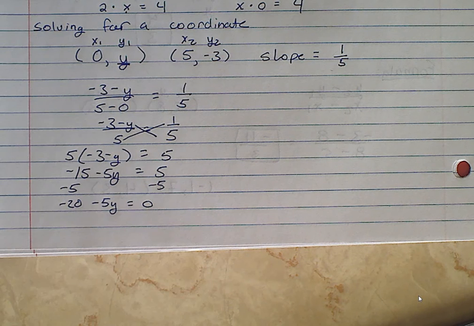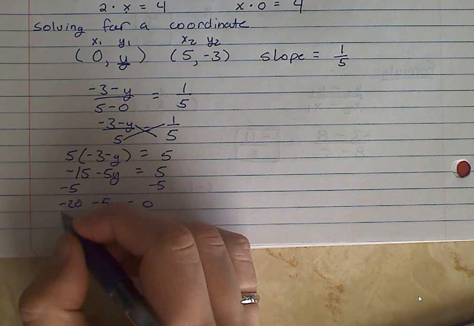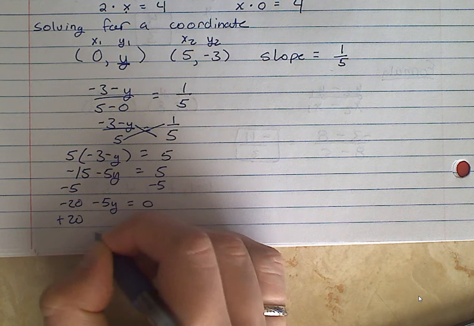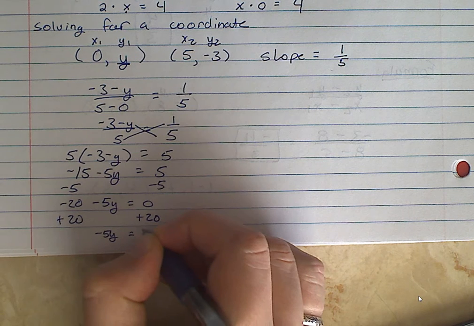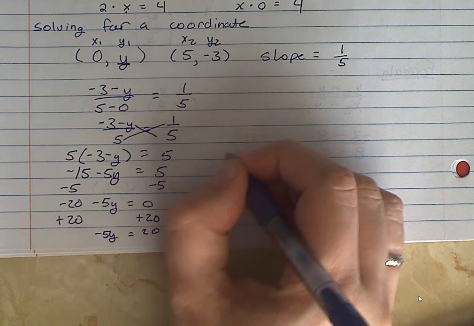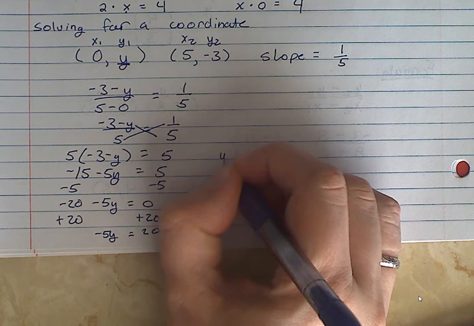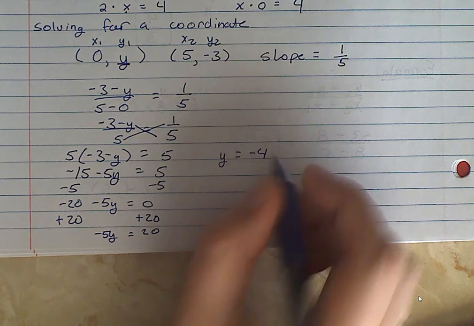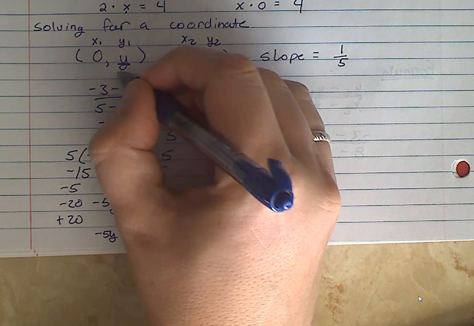So add 20 to both sides. So I got negative 5y is equal to 20. Now what? Now you divide by negative 5. So y is equal to negative 4. So this point right here needs to be negative 4.